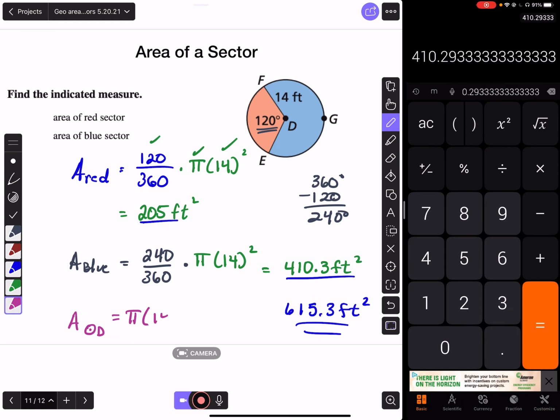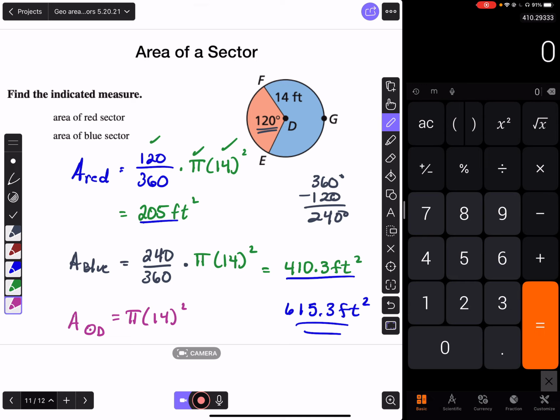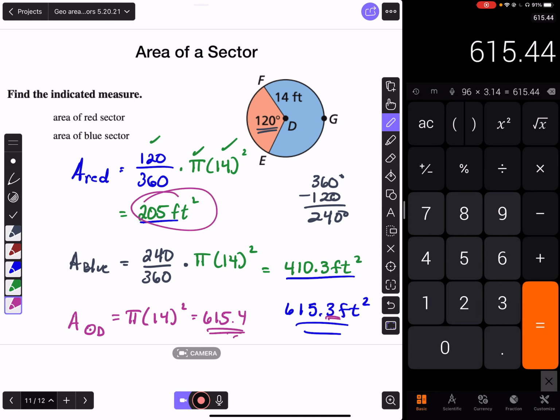So 14 squared. Let's find the area of the whole thing and see if it equals our calculations. So that's 196 times 3.14 equals 615.4. Because of rounding, we're off by just a little bit, but we can see we're fairly confident that those are our correct answers.